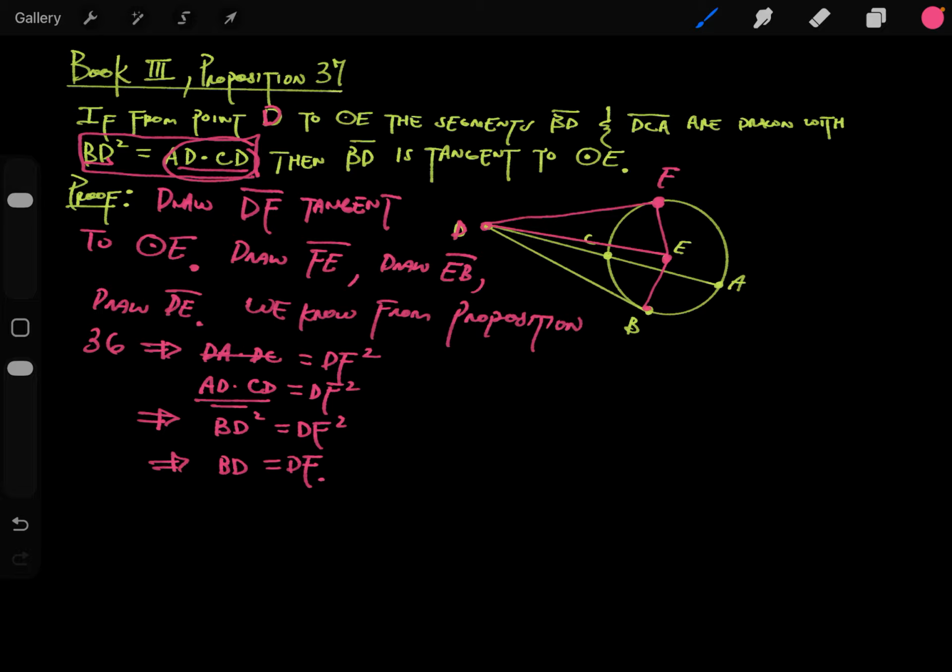And then that means that this is the same thing as this. And then you can say EF equals EB, both radii. So this is the same thing as this, and then you could say DE is congruent to itself by reflexive.